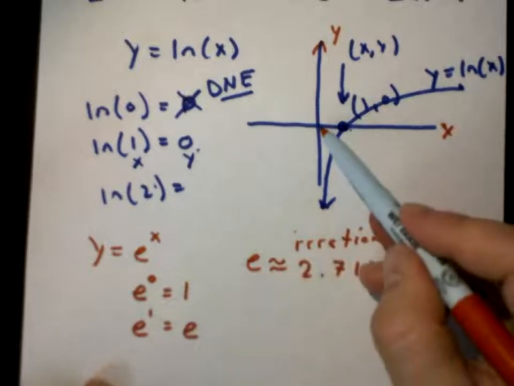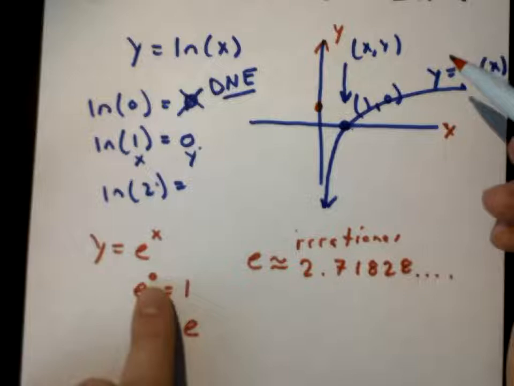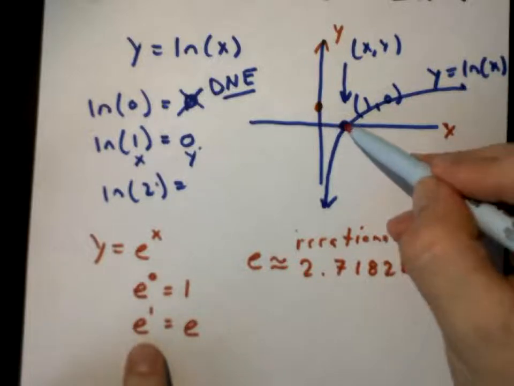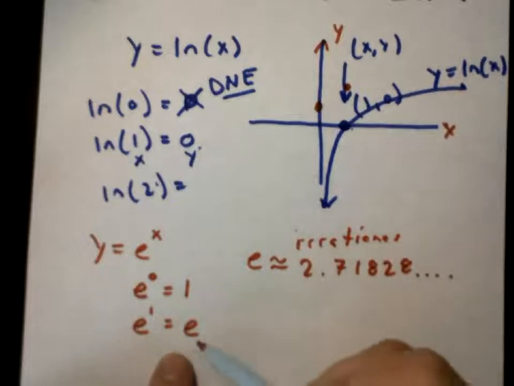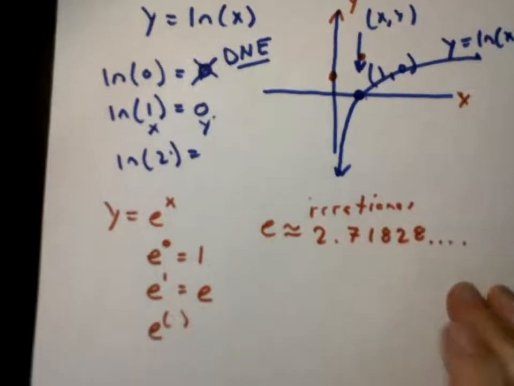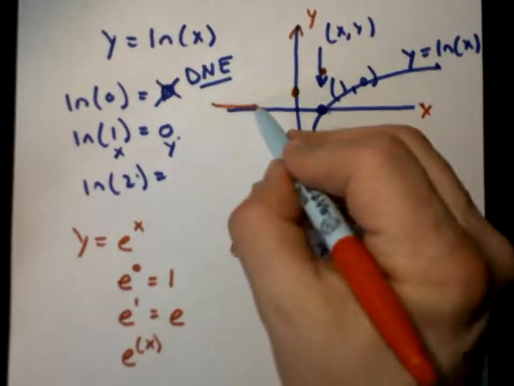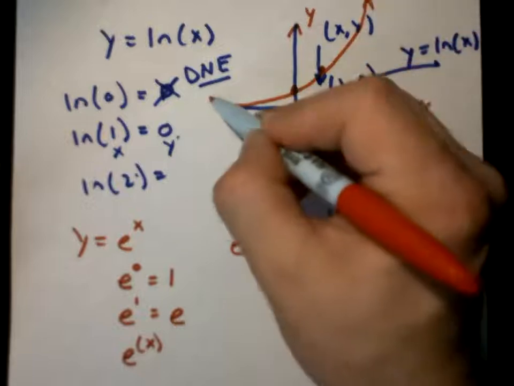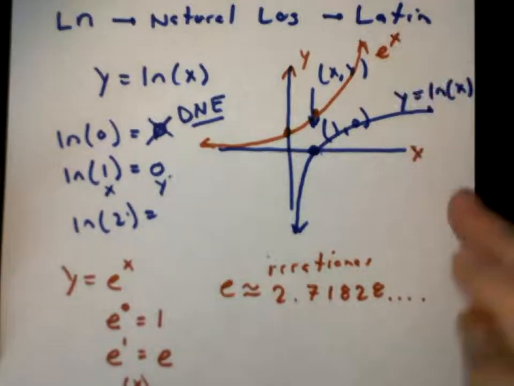If I put in a 0, I get a 1. If I put in a 1, I get the e, which is about right there. So if you actually plug in some more x's, you would get something that looks like this. So this is e to the x.